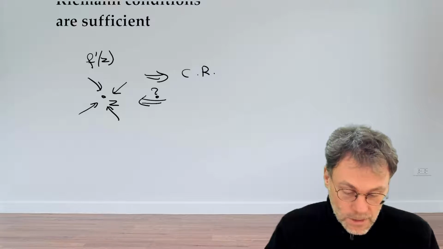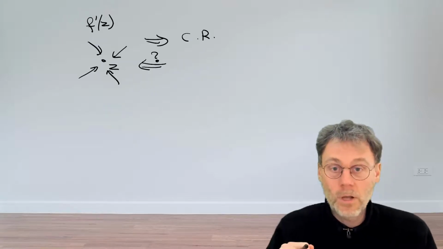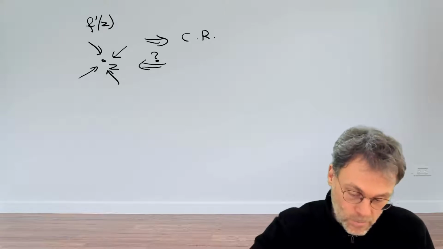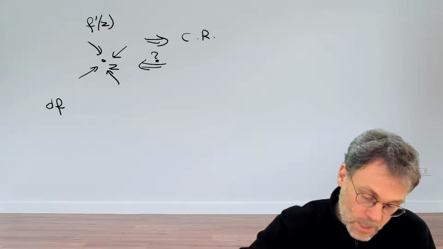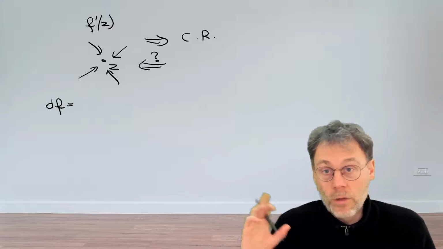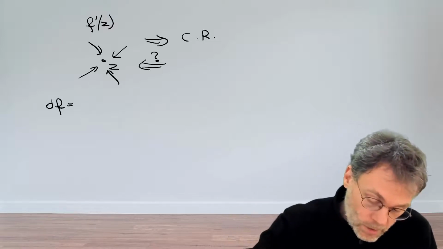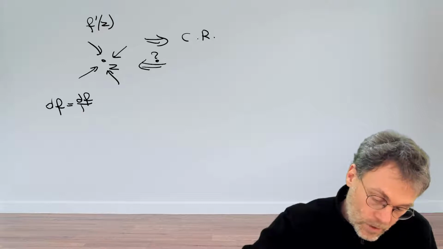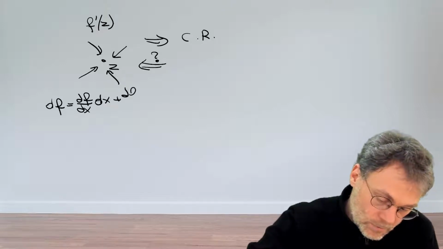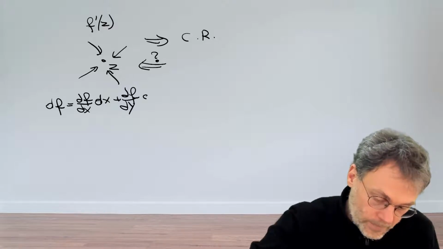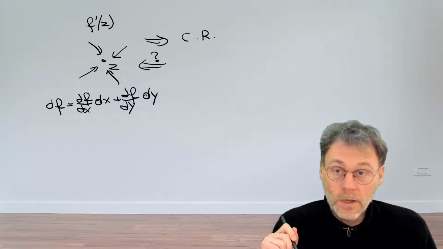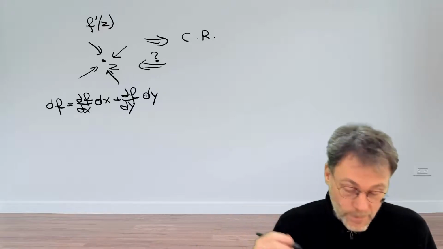In order to do that, let's do some symbolic manipulations of differentials and derivatives here. Let's start out by writing what df actually is. Since df depends on both x and y, we can trivially write this as partial derivative of f with respect to x dx plus something similar for y, df dy. We also know that f consists of a real and an imaginary part.